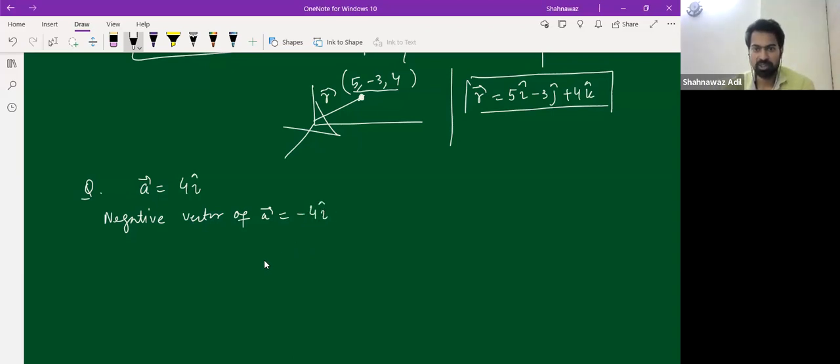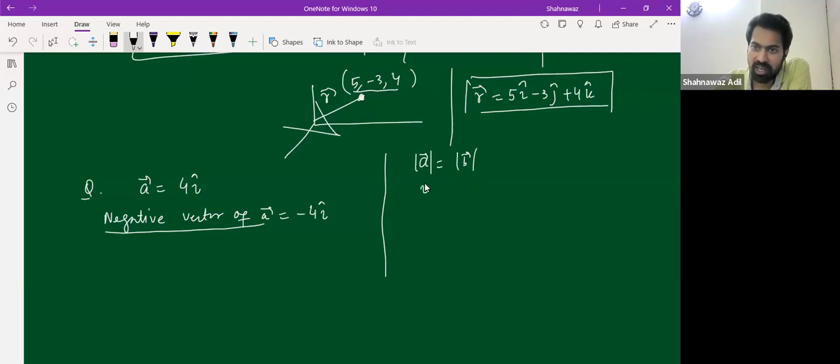Nabila, did you understand this? For the negative vector, we know that the magnitude should be the same, and the direction would be just the opposite.